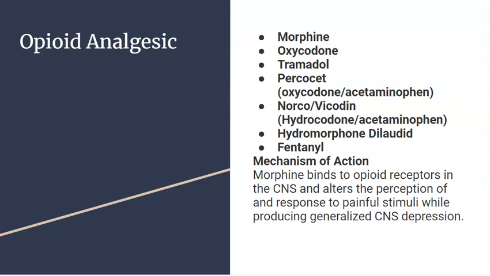And just know that we have to be very careful with these types of medications because they do cause central nervous system depression. We would likely monitor things like respiratory rate, blood pressure, and pulse, because if any is too low, we would not administer it.